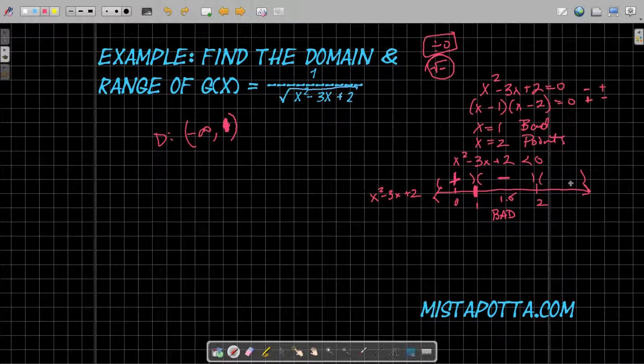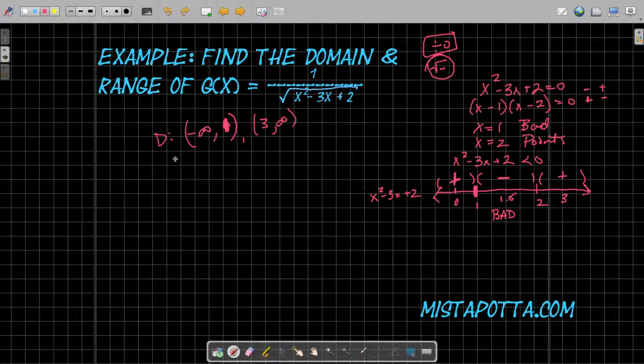Now I need to consider what happens from 2 on, so choosing a representative 3. 3 minus 1 is 2, positive. 3 minus 2 is positive 1, and a positive times a positive is a positive. So anything from 3 on is going to be a good point. And so my domain ends up being this situation.